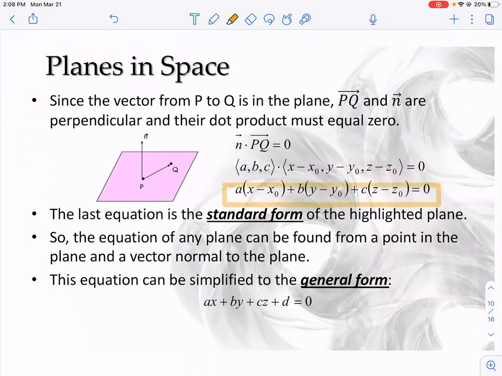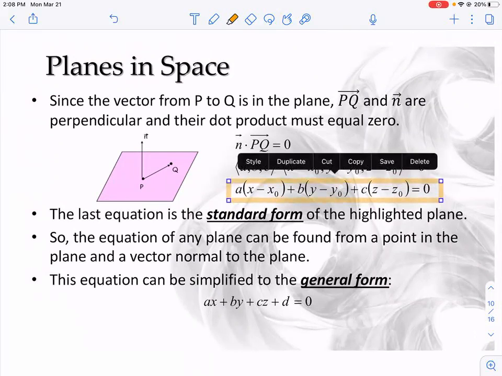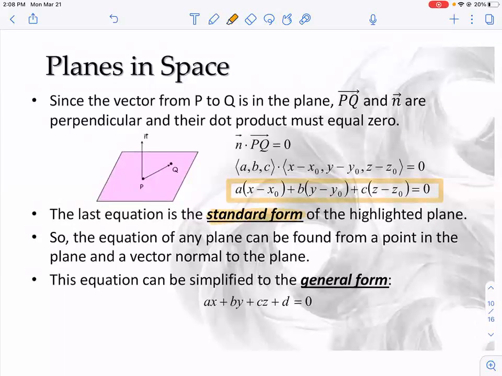Here is the standard form of a plane, where ABC is our normal vector and x naught, y naught, z naught is a point in the plane. Please make a note of that: your vector ABC is your normal vector and x naught, y naught, z naught is a point in the plane.